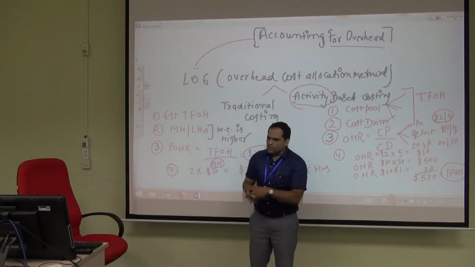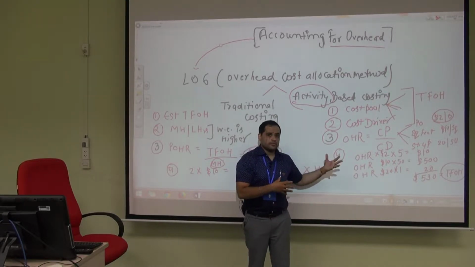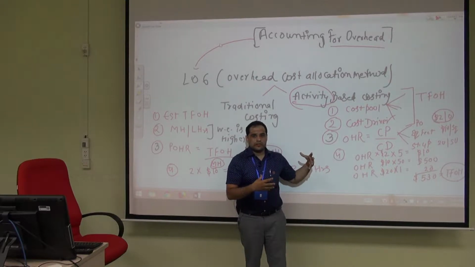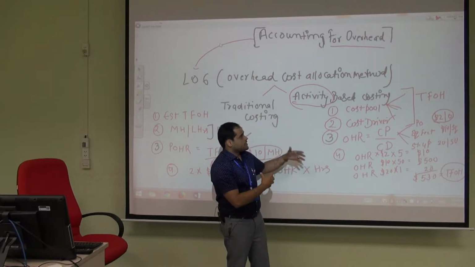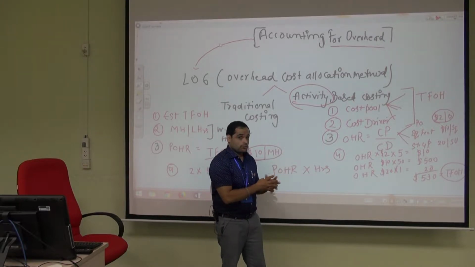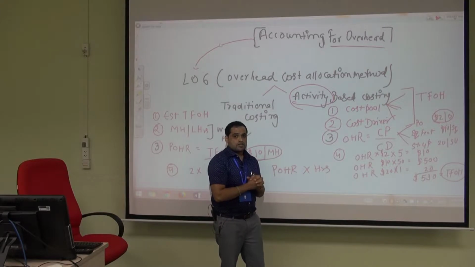For a small company, activity-based costing may not be affordable, because of the time. The accountant takes much time to get the results through activity-based costing. It's a time-consuming, complicated process compared to traditional costing.